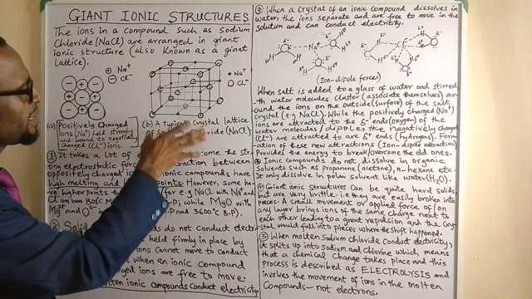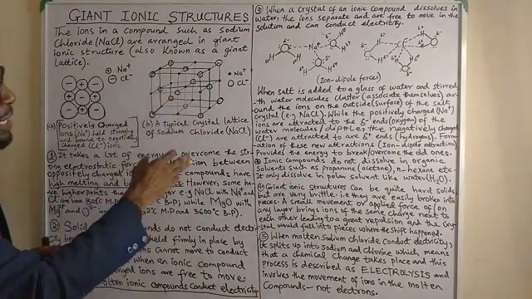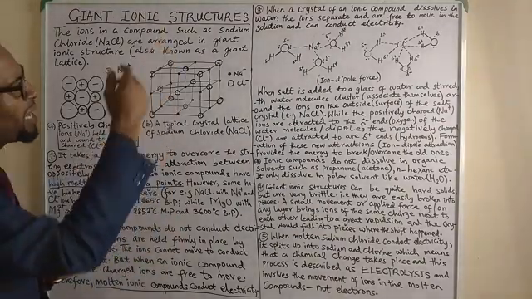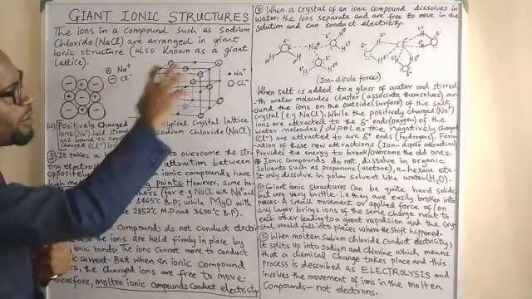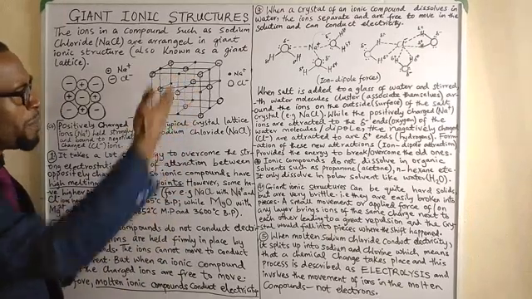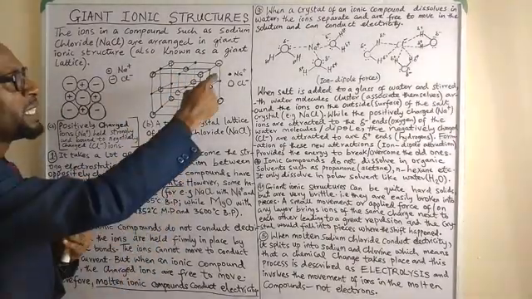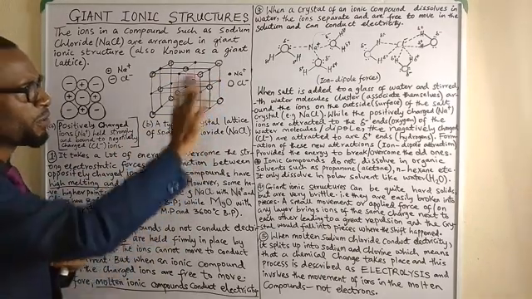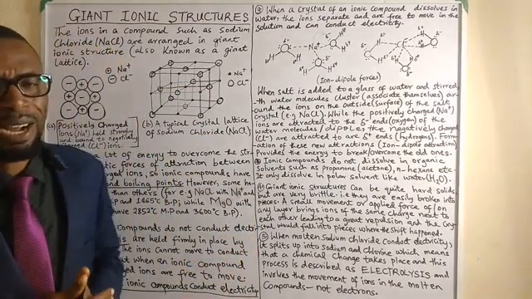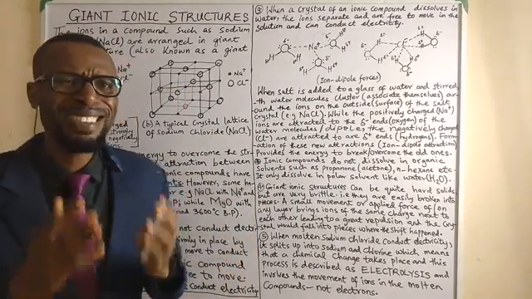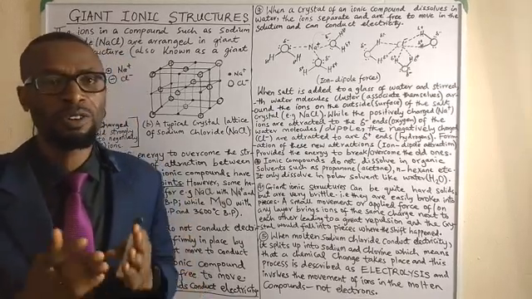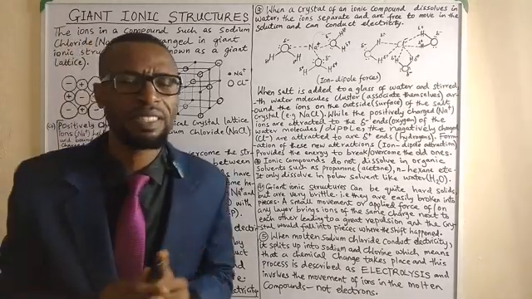So if we subject a typical crystal lattice of sodium chloride to ridiculously high temperature, the high temperature overpowers the electrostatic attractive forces acting between all of these ions, and the sodium chloride melts. Once it's in molten form, the sodium ions are liberated and free to move, and the chloride ions are free to move. And when ions are flowing or moving, they carry and conduct electricity. So the second property of ionic compounds is that in molten form, they conduct what? Electricity. I believe it's clear.